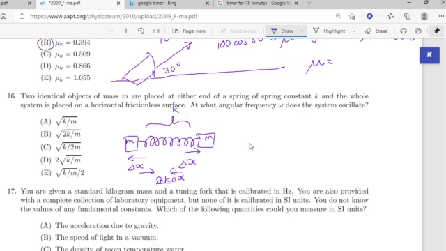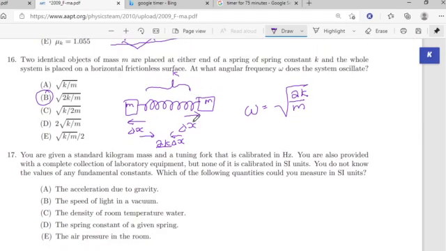So then it will be, I think, yeah, it should just be root 2k over m, because there are two masses.